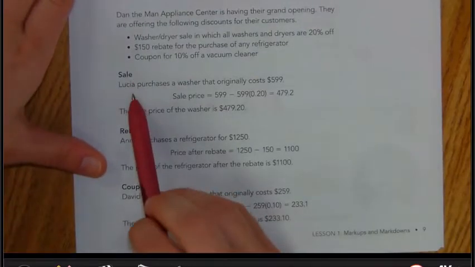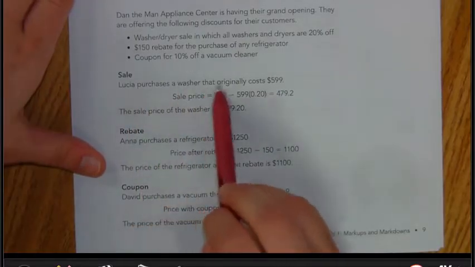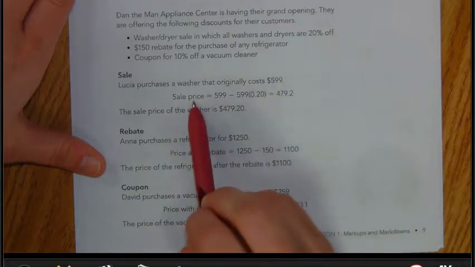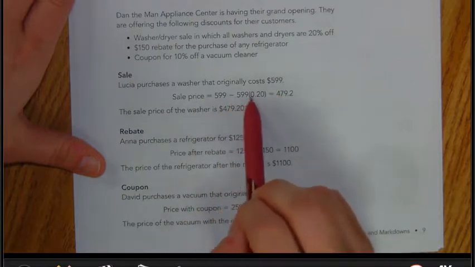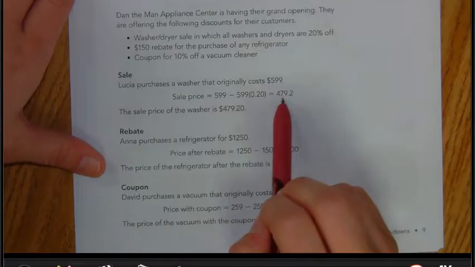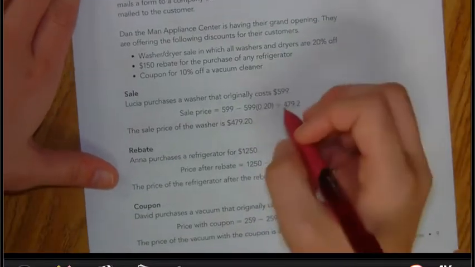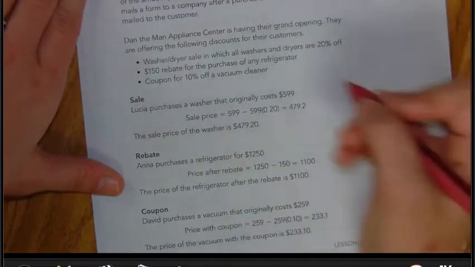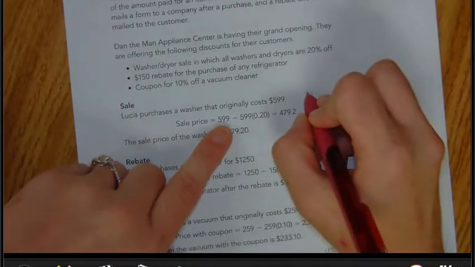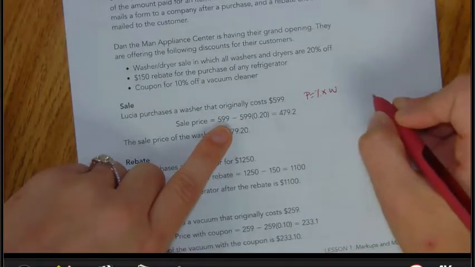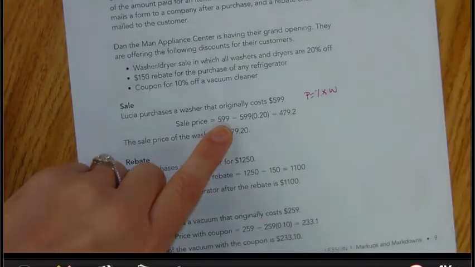For our sale, Lucia purchases a washer and dryer for $599. The sale price is $599 minus $119.80, which is equal to $479.20. To find how much she saved, she used part equals percent times the whole, which is a new equation.